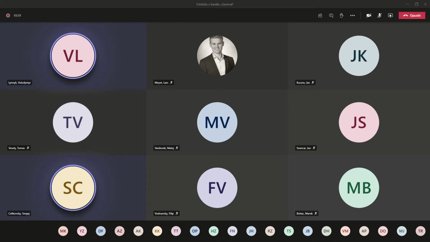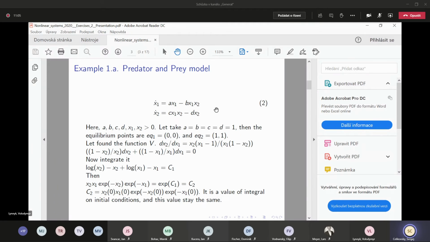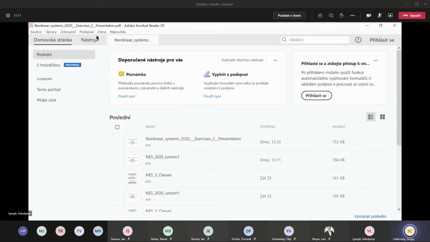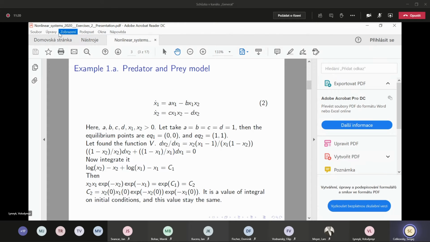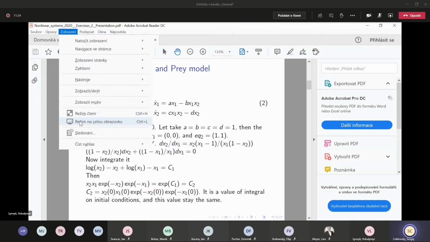If I may have a comment, the lecturer. This example is an example for use of this lemma I explained just now. If you look at the Jacobian on the whole Rn, it cannot be bounded, so you cannot say that it is global Lipschitz.